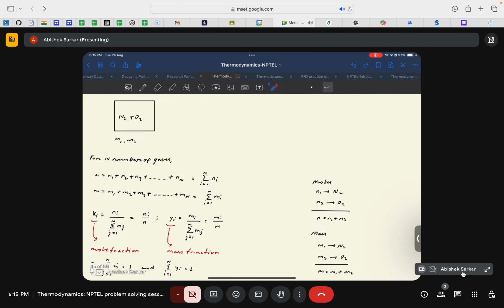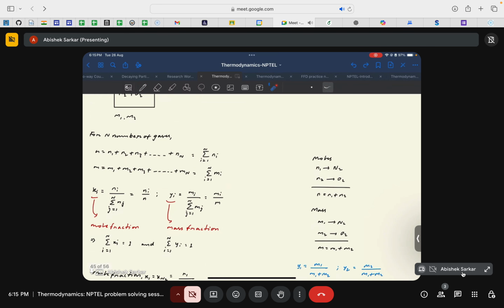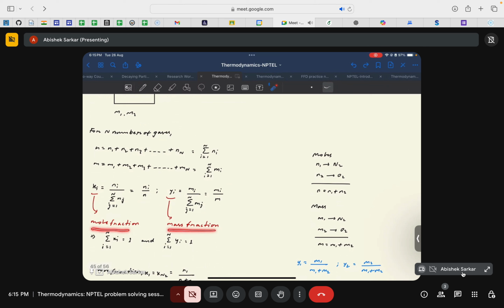Now comes the definition of mole fraction and mass fraction. By the very terminology you may be able to understand that mole fraction means the fraction of moles of the particular gas with respect to the total number of moles in the mixture. So xi is popularly used to represent mole fraction in thermodynamics.